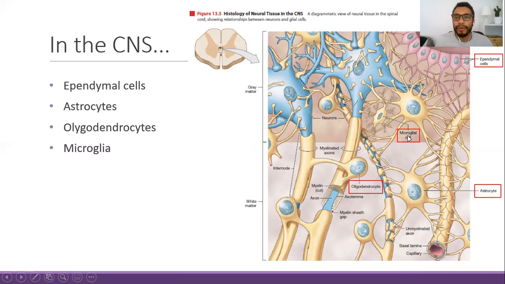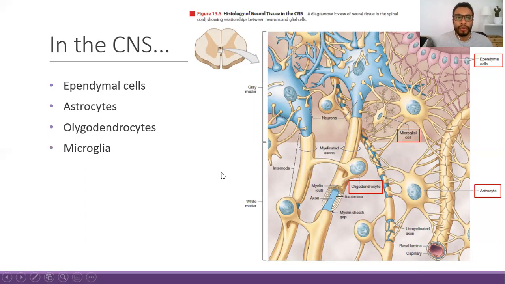We have microglial cells, mostly responsible for the defense of the central nervous system. And we also have oligodendrocytes, which you see here are supporting and also providing coating for the neurons, coating with myelin.